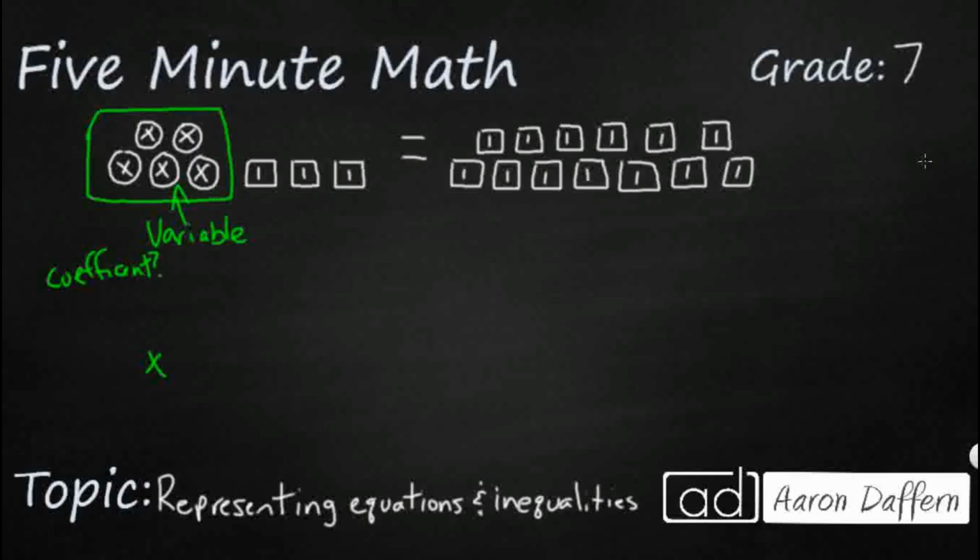Well, all we need to do is figure out how many x's we see here. 1, 2, 3, 4, 5. So that's our coefficient. Since we have 5 x's represented, those 5 x's in a circle is simply 5x.